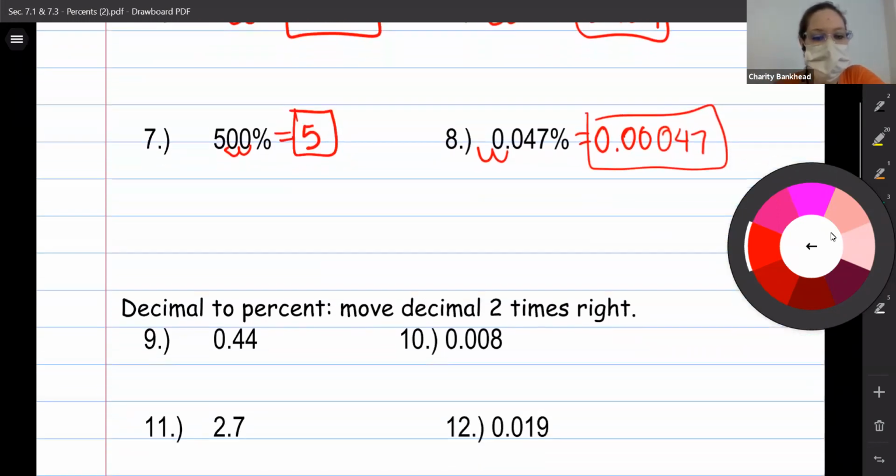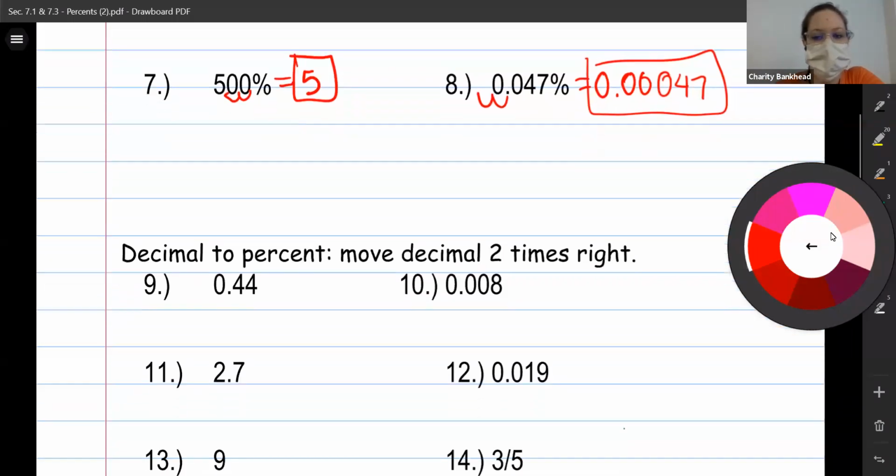And then just go the other direction and change the percent into a decimal by moving the decimal point 2 times to the right.